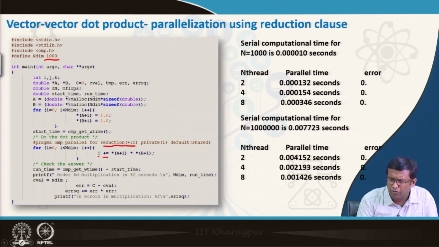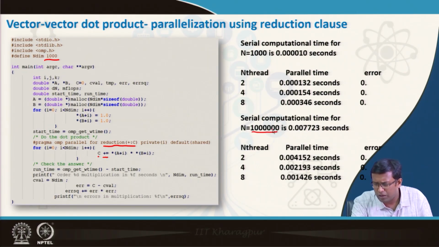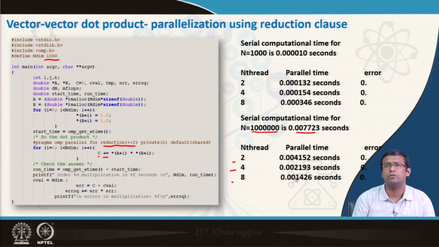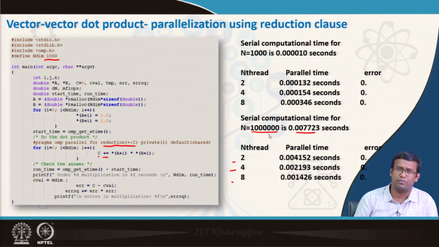But if we increase the vector to be 1 million, then serial computational time is 7 into 10 to the power minus 3, and we can see with the reduction clause, with increasing number of threads, computing time is reducing. So, because the task is more here, parallel performance is better.